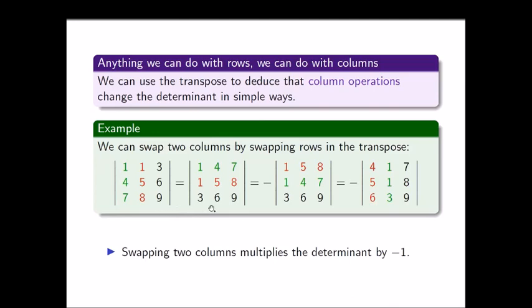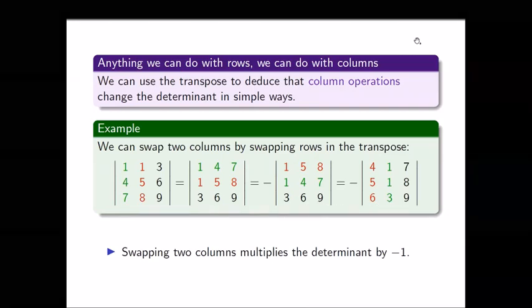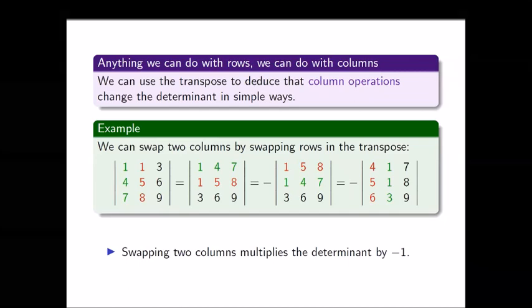That's not going to change the determinant, and then I can do row operations on this transpose matrix, and we know how the determinant changes under row operations, and then we can take the transpose back. So effectively, using the relationship between determinants and transpose, we can learn what effect column operations have on the determinant.